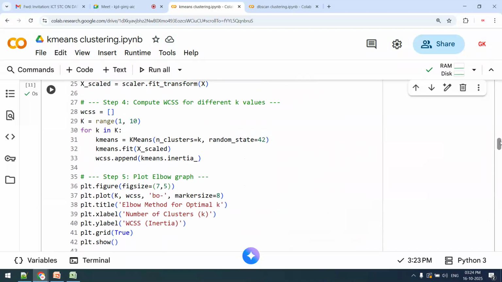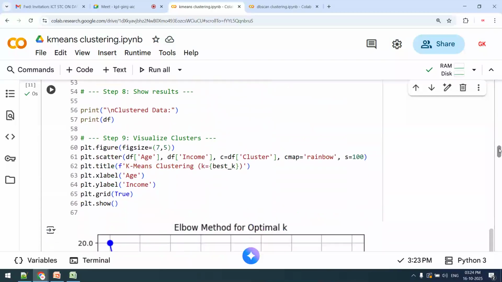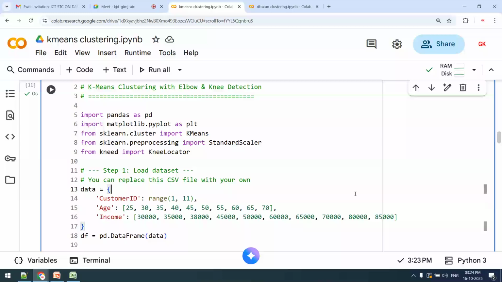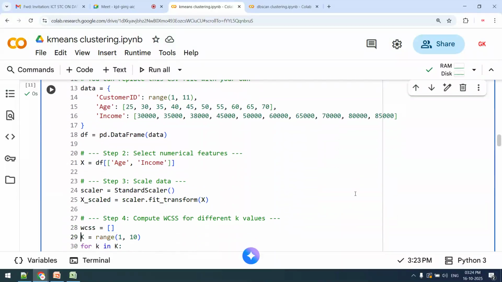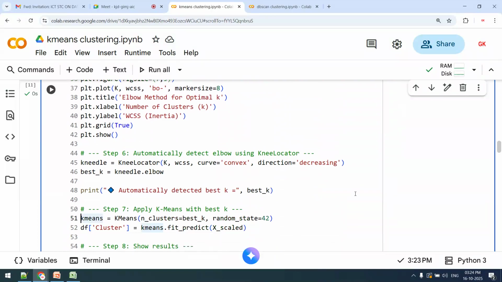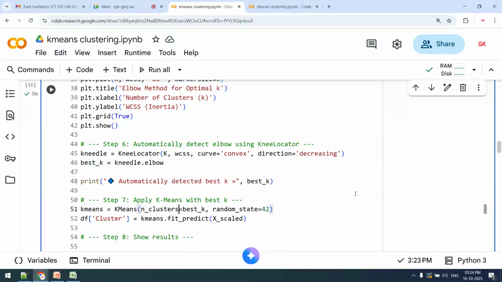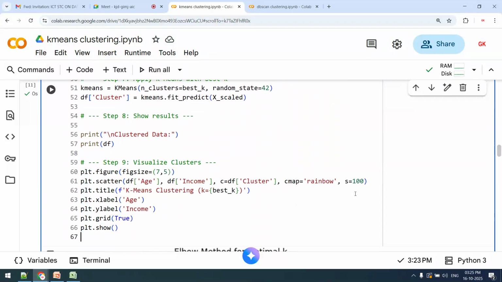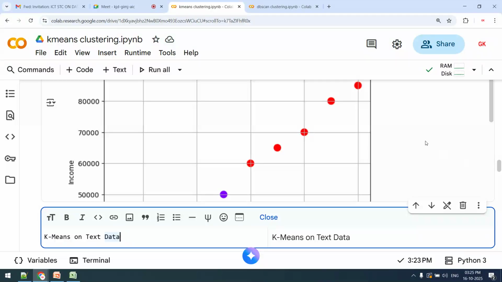So you can see this data set and WCSS, and after that k-means. In k-means, the number of clusters is best k. What is best k? Best k is equal to kneed.elbow, and automatically it will find it out.